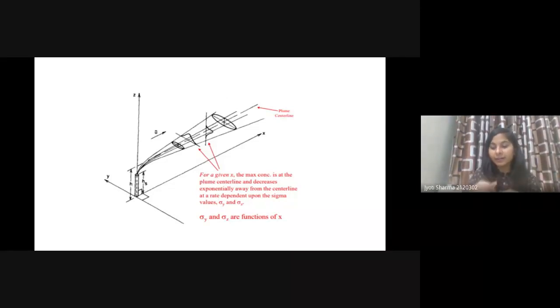It can't be diverted; if it is diverted somewhere else, our concentration will decrease. So the maximum concentration is at the plume center line, and it will decrease exponentially away from the center line at a rate dependent upon the sigma values, sigma y and sigma z. Because we already talked about this, the concentration cannot be in some y direction, so here we have to assume that y is equal to 0, because the concentration will decrease exponentially if it goes away from the center line.